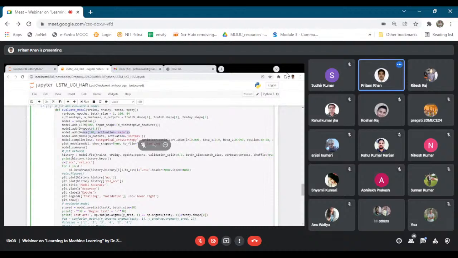Now since here we have 6 classes at the output, sigmoid will not play any role, but for something similar to sigmoid in multi-class, we have to use softmax. Softmax is actually a big brother of sigmoid. For sigmoid you have binary class, and for softmax you have multi-class. It is given by the formula, which you can also find online: e to the power of i divided by the sum over j equal to 1 to 6 of e to the power of j.